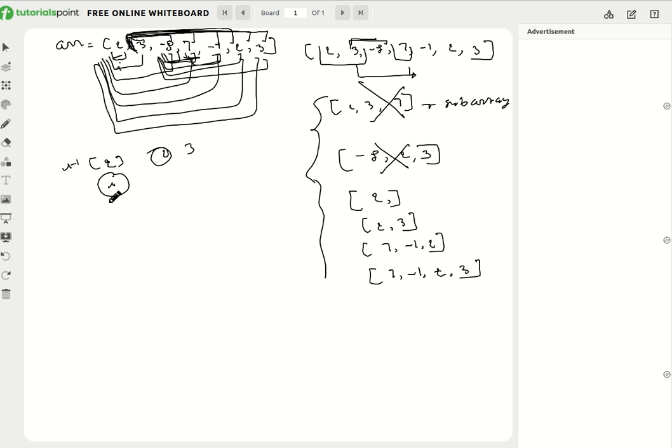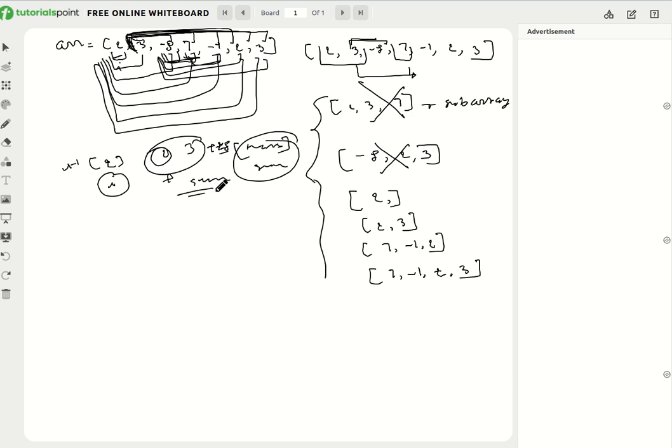So if we add these two numbers and get the maximum subarray sum, then this will be the answer. Then again we will add minus 8, and if we get the maximum sum of 2, 3, minus 8, that will be our result.